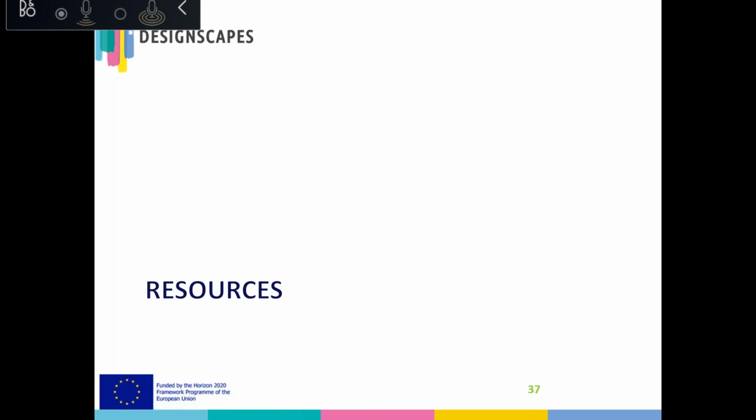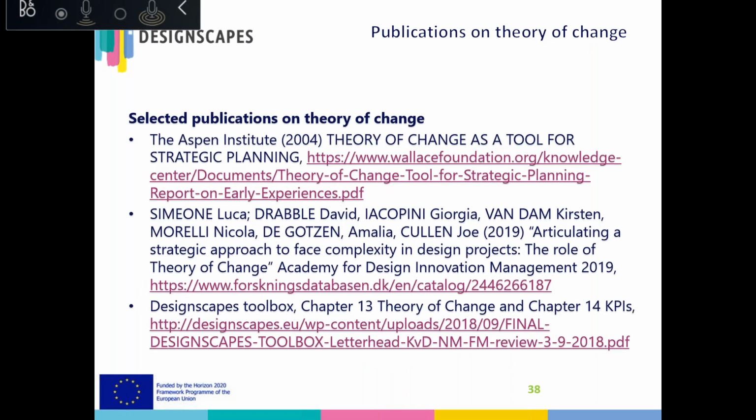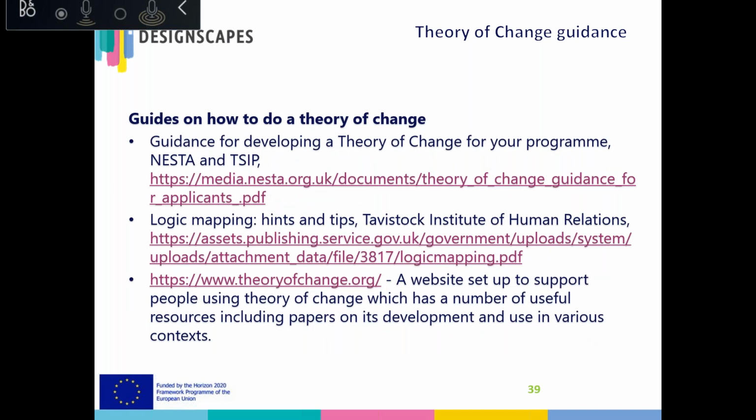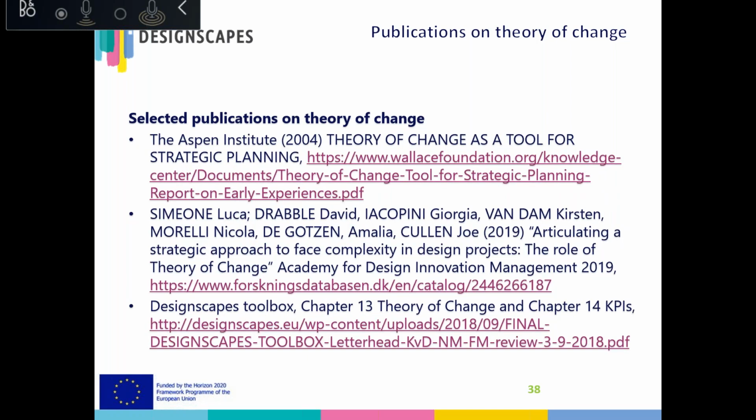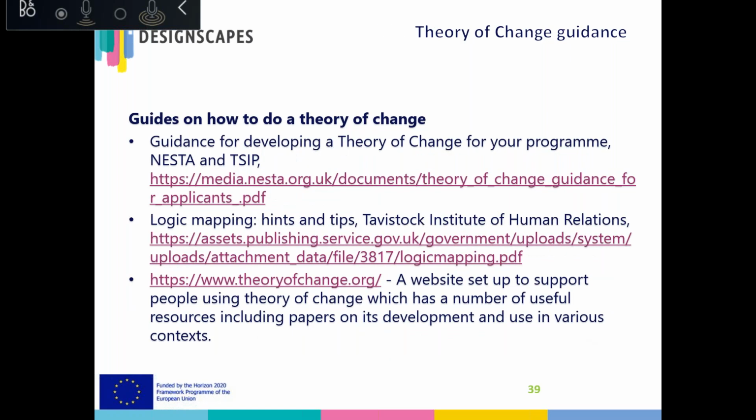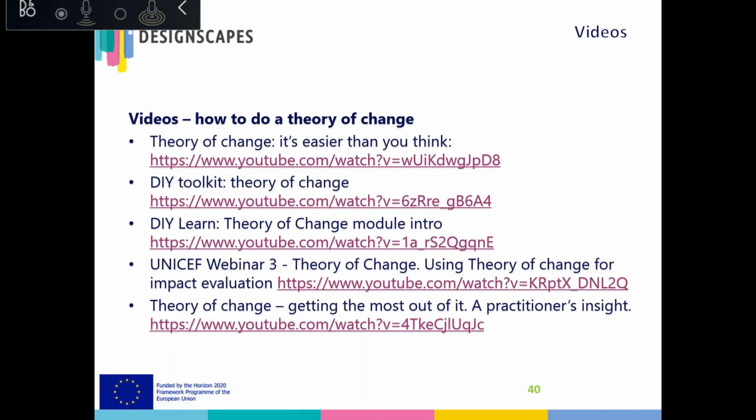And as part of this pack, we've put together a whole selection of resources, which you're very welcome to look at. These range from specific publications in theory of change to the Aspen Institute work that's there as an absolute classic, to some guidance on how to do theory of change in practice, some videos, including the video we showed earlier, which was maybe a bit too basic for the knowledge that you're already bringing to this webinar.